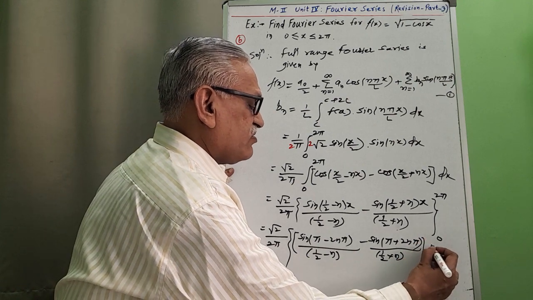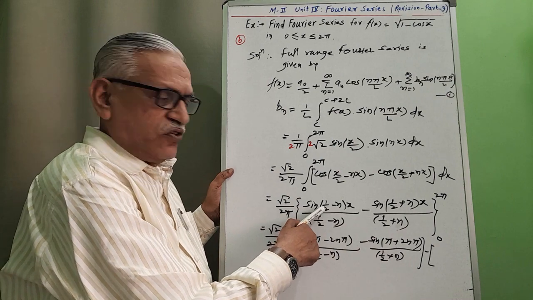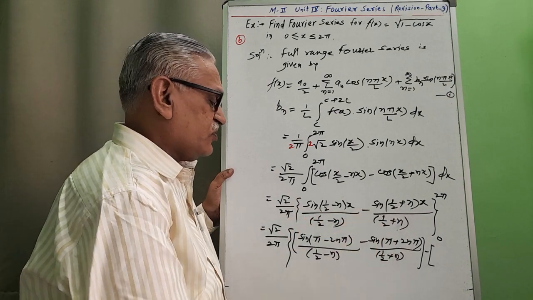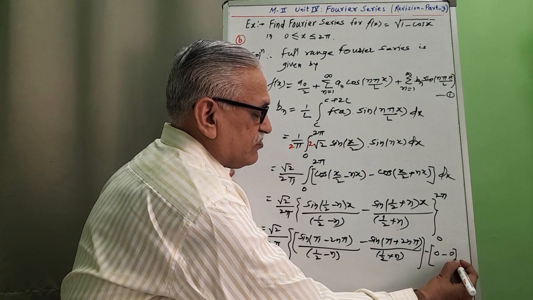Then minus, for the lower limit, when x is 0, sine 0 is 0, therefore 0 minus 0, we get 0.